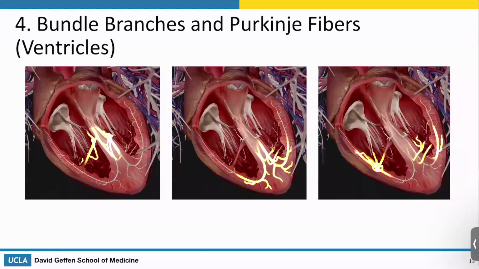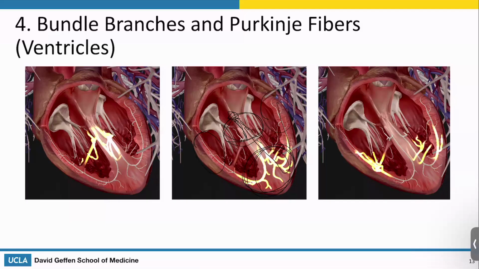So after the bundle branches, this is just showing what we talked about. We send down an impulse from our SA node down to the bundle of His through our bundle branches. We're going to depolarize the interventricular septum first. Then we're going to do major depolarization down here of the ventricles, and then we're going to spread up this way.